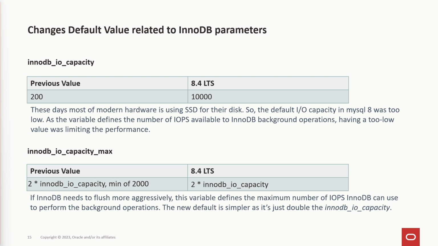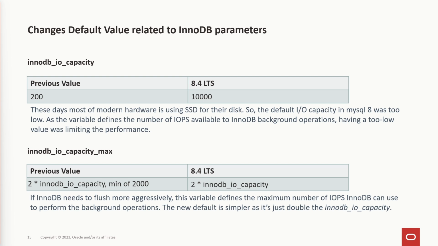Nowadays most customers are using SSD, and cloud vendors provide that too. So we set the default to fit SSD. 10,000 is the default. If you are still using disk, then you have to change this value, because 10,000 is too big for disk.